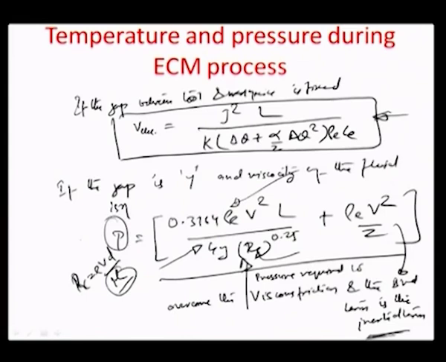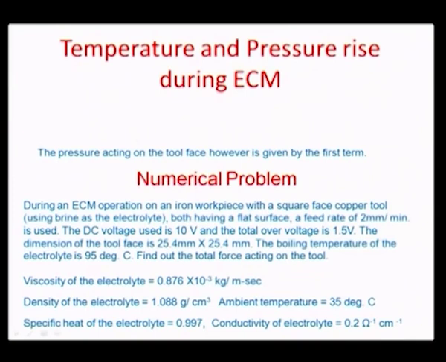So, let us now try to solve a numerical problem. During an ECM operation on an iron workpiece with a square face copper tool, you are using salt water solution or brine as the electrolyte, both having a flat surface to begin with and a feed rate of about 2 millimeters per minute.